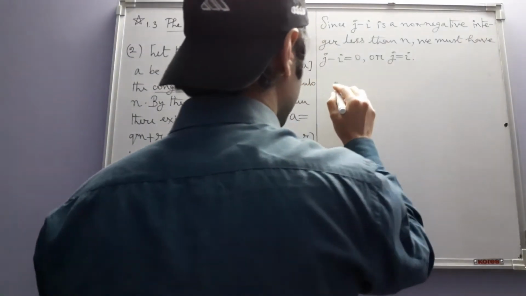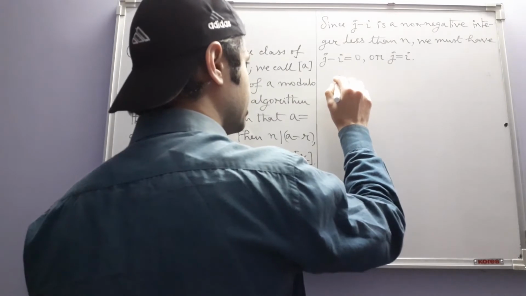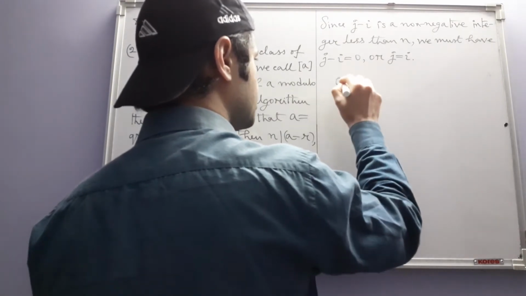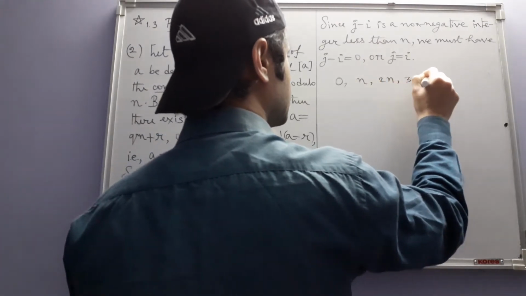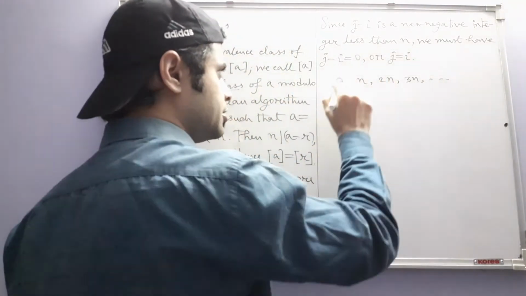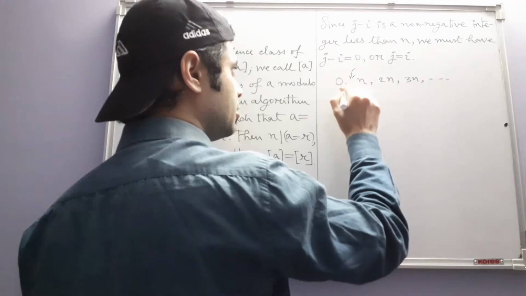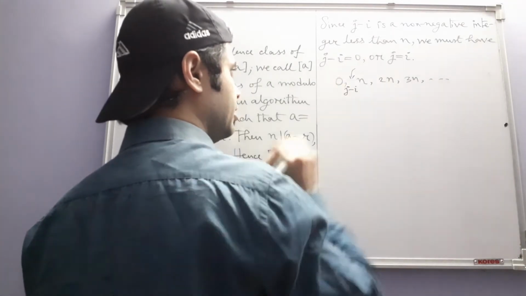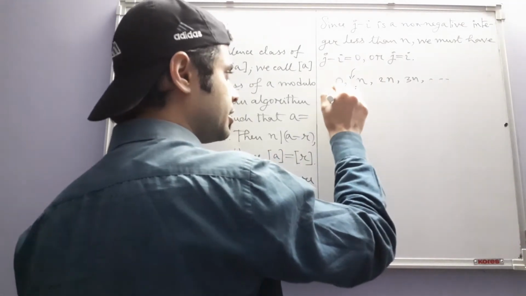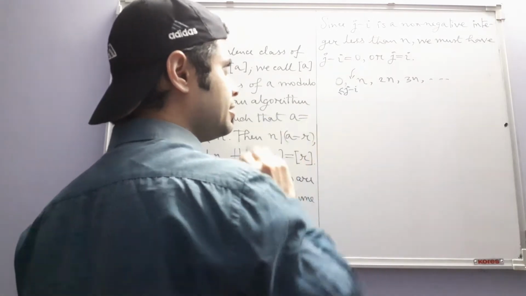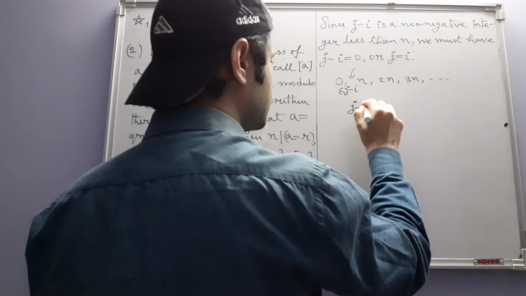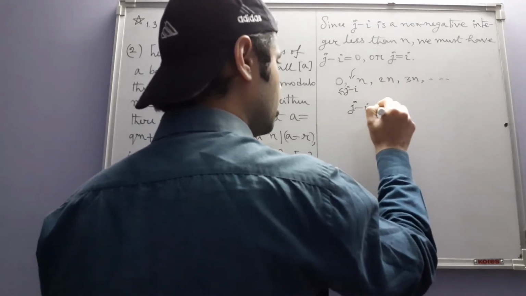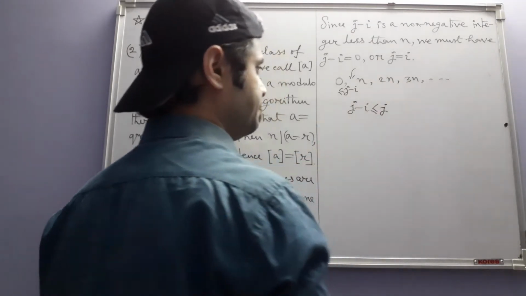Now the non-negative integral multiples of n are this: 0, n, 2n, 3n, etc. Now j minus i lies here. It is strictly less than n, and it is greater than or equal to 0. Why is it less than n? It's because j minus i is less than or equal to j.